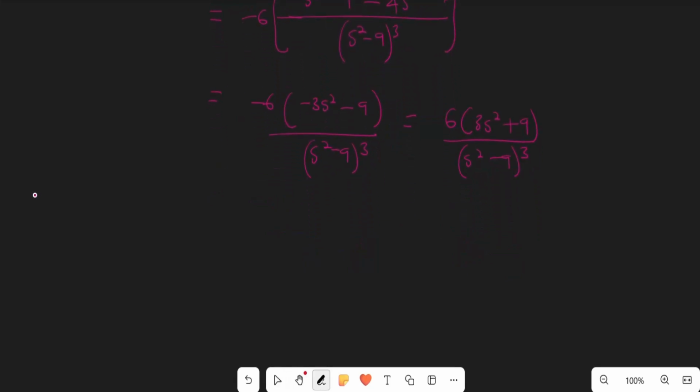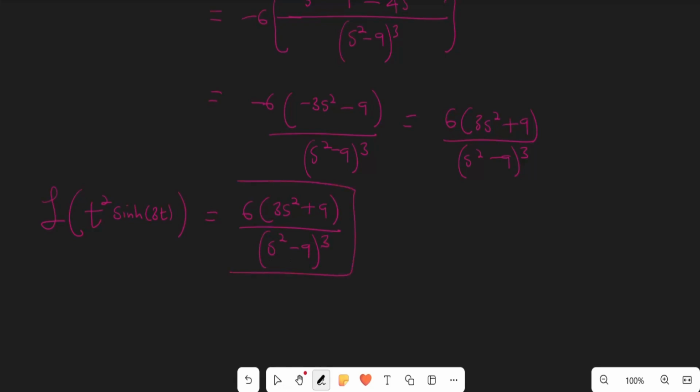So that means that the Laplace transform of t squared multiplied by sine hyperbolic of 3t is equal to 6 multiplied by 3s squared plus 9, all this one divided by s squared minus 9, all this one raised to the power of 3.